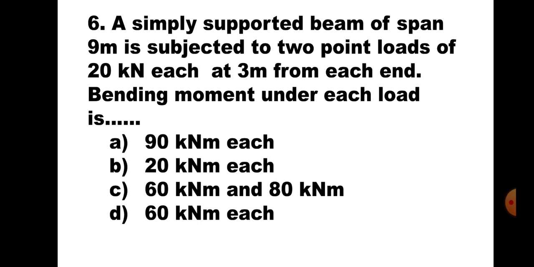So each reaction will be 20 and 20, and therefore if you take under the load on one side of the section, only 20 kilonewton will be there, and 20 into 3, that will be 60 kilonewton meter. So each bending moment will be 60 kilonewton meter. Hence the correct answer is D, 60 kilonewton meter each.